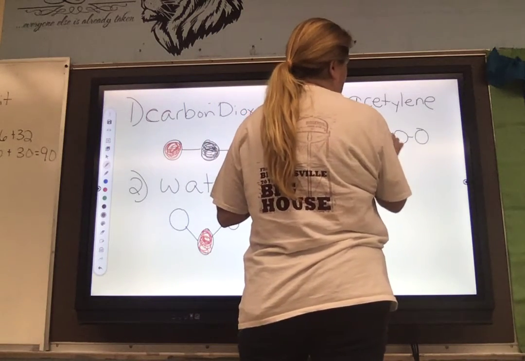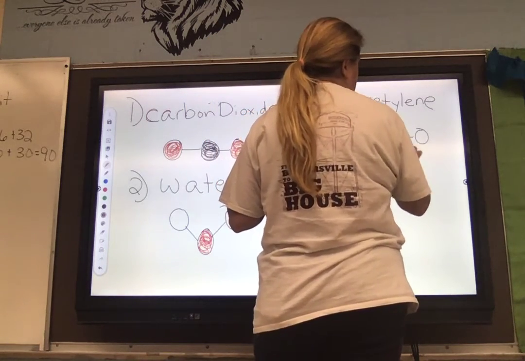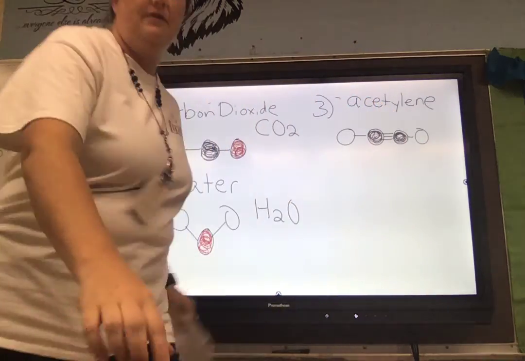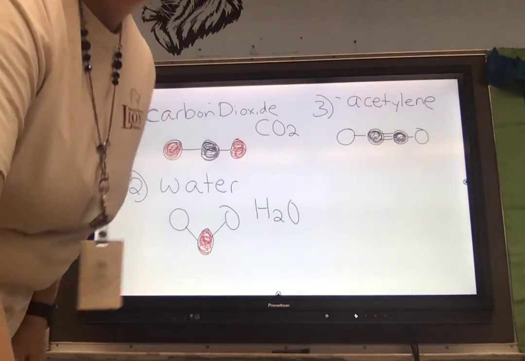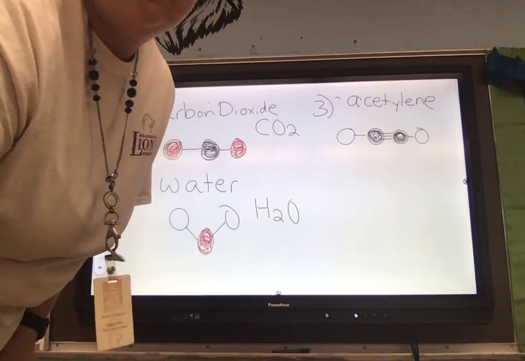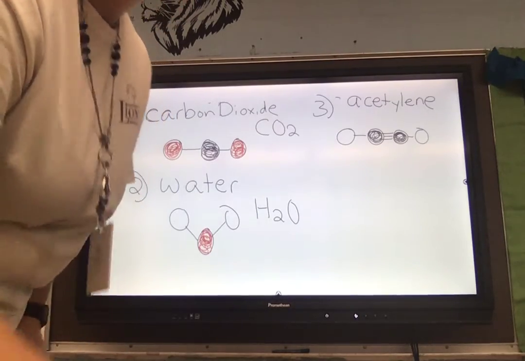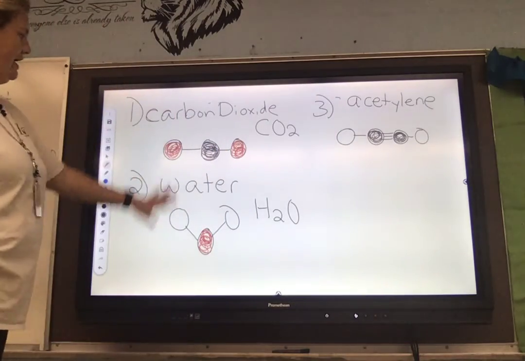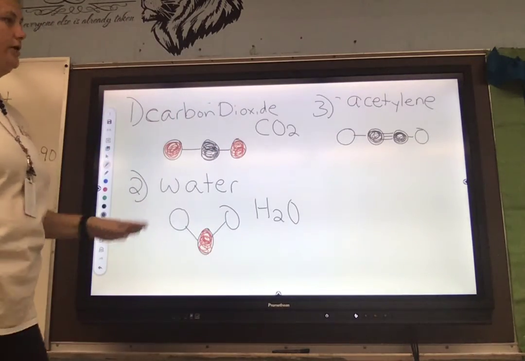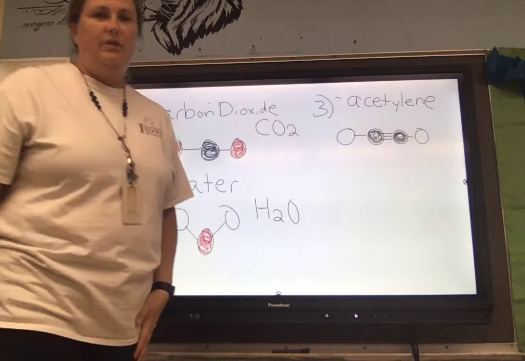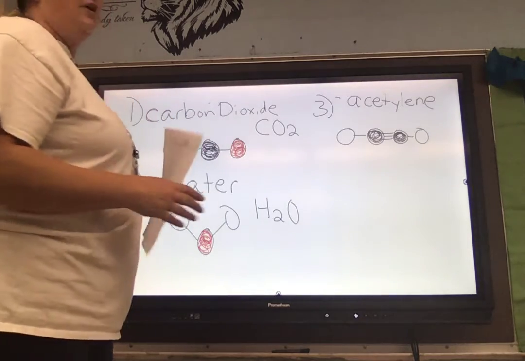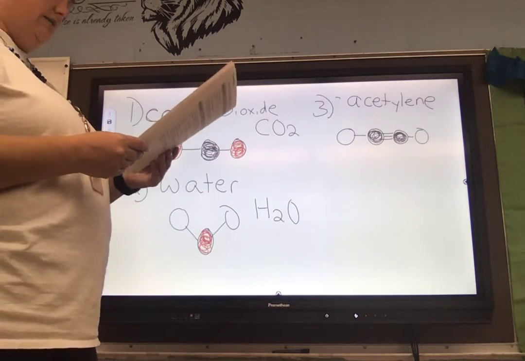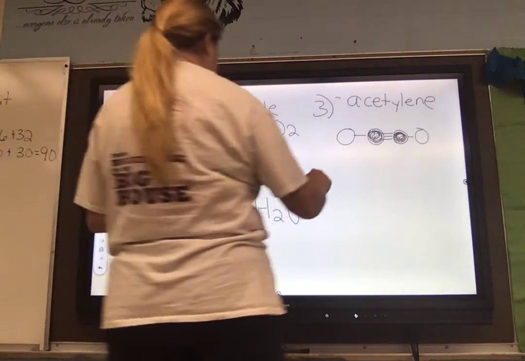Now, you already know these 2 colors, so I'm not going to put a chemical formula for this one. You already know your color gray, and you should already know the color white from your carbon dioxide and water. So I don't need a chemical formula here. You should be able to figure out what your gray and white is. So number 4.